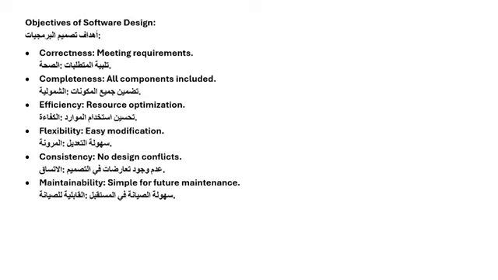When we take this solution and write the code for it, it has to run fast, etc. And it has to be flexible, so that in the future, if we need to change things in the design, add or modify things, we can. It has to be consistent, in a way that all of those parts of the design are not conflicting with each other, and it's maintainable, so we can keep adding more stuff to it and deleting, etc.